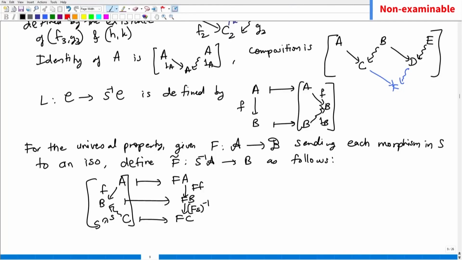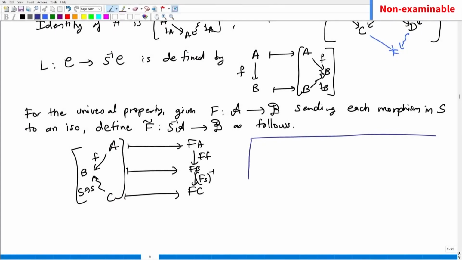Maybe I should write it. Okay, so that's a really good question. So given f from A to B in S, we want to see whether it is really invertible. How do you embed it? Then the corresponding morphism in S inverse C will be?